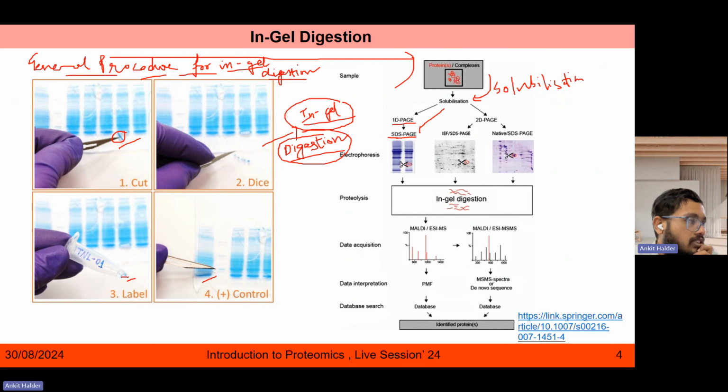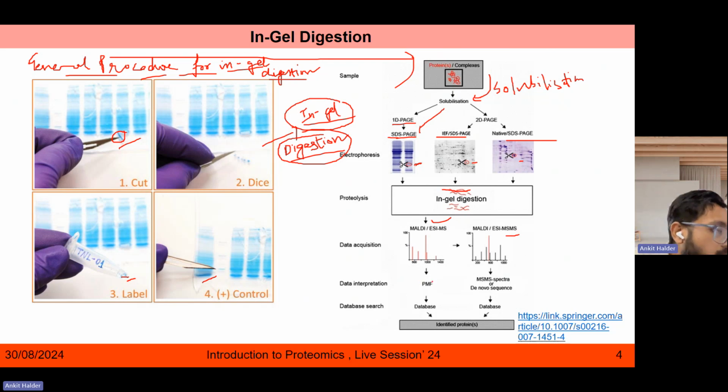So if we have the SDS page, then we have 2D, that is IEF SDS page, or native. We take this particular band or this particular spot. So we are going to do ionization. Then you can do MALDI MS or use ESI MSMS.